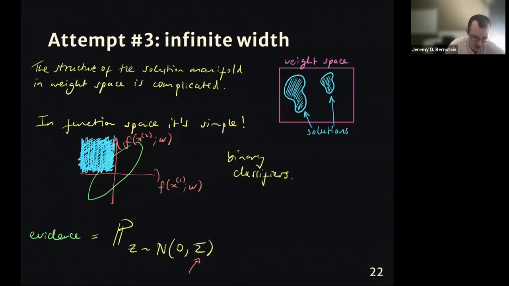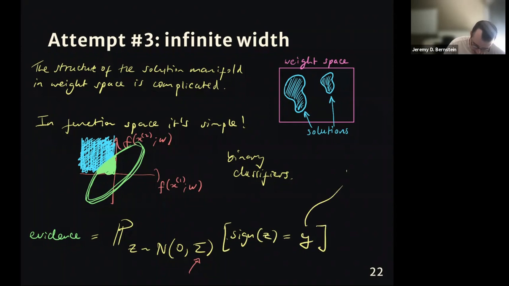Well, the evidence is just like, what's the probability that, and I'm visualizing that Gaussian with this ellipse here. And the evidence asks, what's the probability that I draw a random function from my Gaussian process and that it lies in this orthant? So it's the probability that the sign of this Gaussian random vector is equal to y, where y denotes the binary vector of training labels.